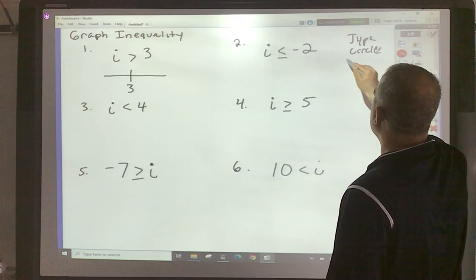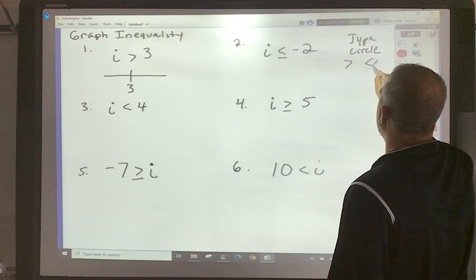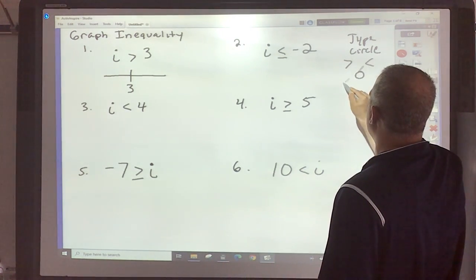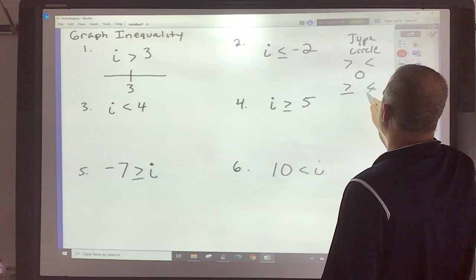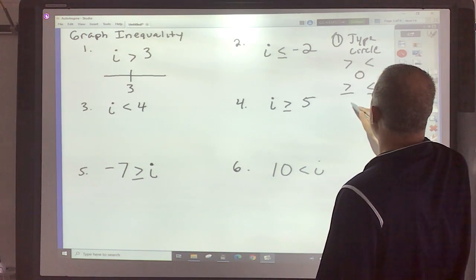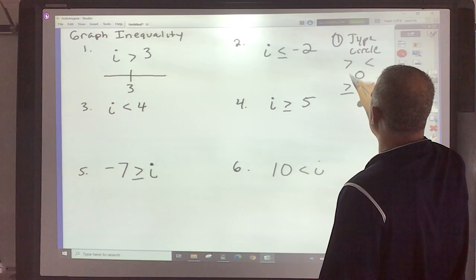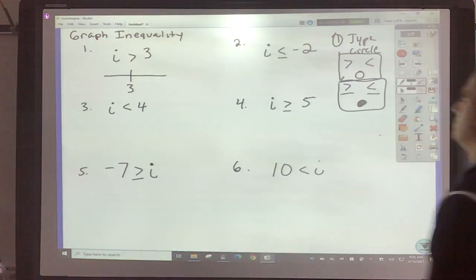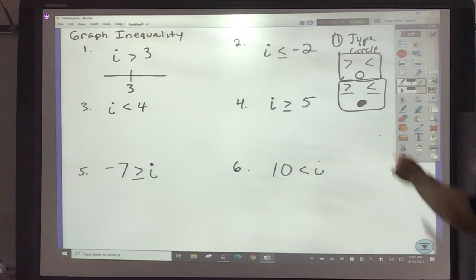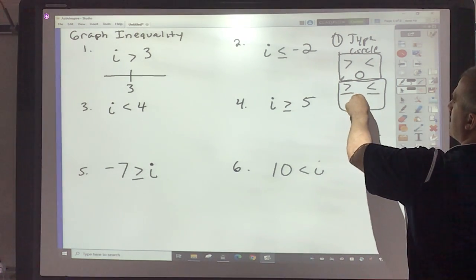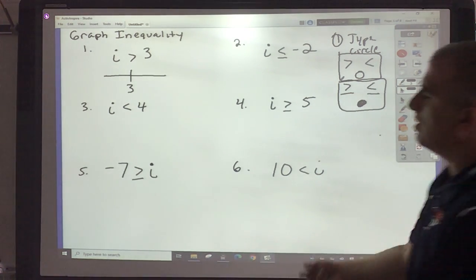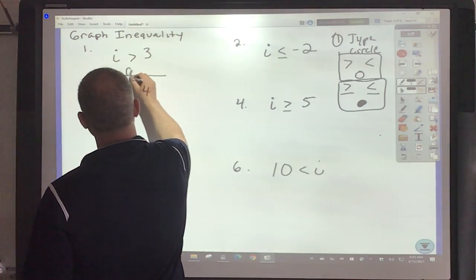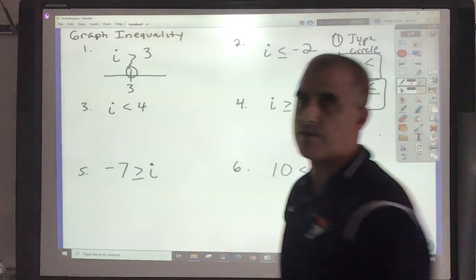If you have this inequality or this inequality, you have an open circle. If you have this inequality and this inequality, you have a closed circle. So open, closed, okay? Now the way you can remember that is this has more inequality, so it has more circle. So in this case, I would have an open circle, okay?